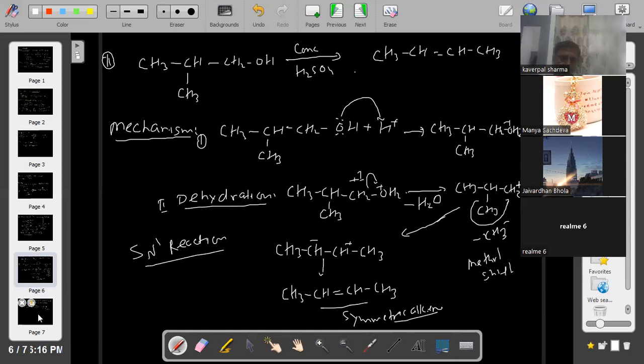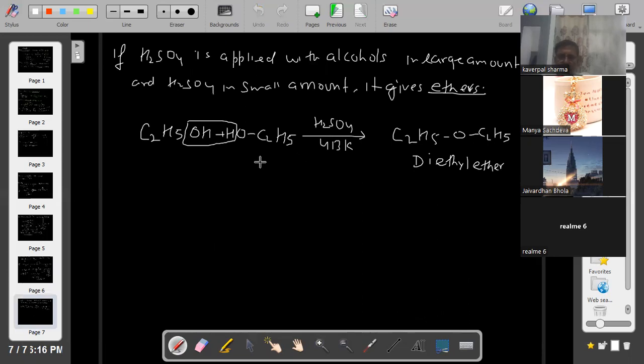But this is an SN2 reaction. SN2 means nucleophilic substitution reaction. Both reactions are very important and can be asked, but here is the reaction mechanism.